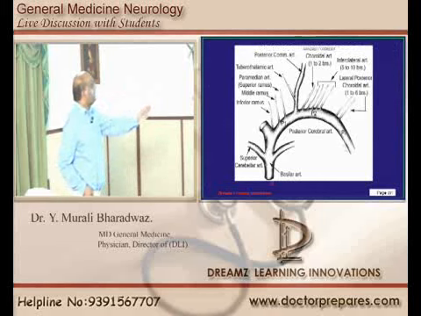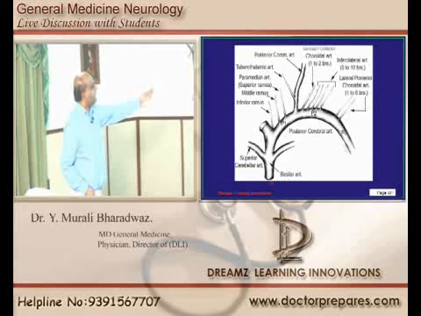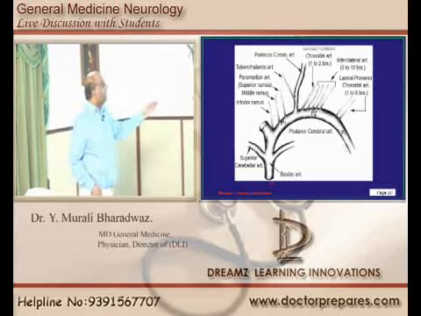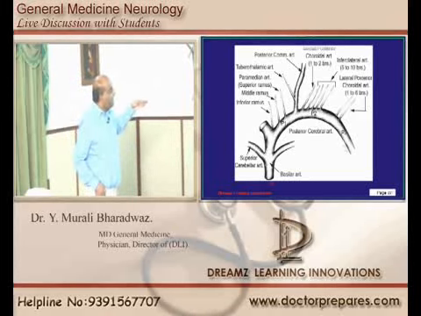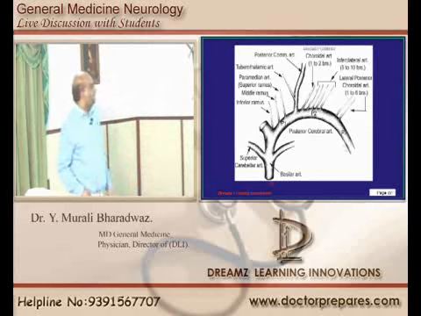And those vessels which come off, inferior ramus, middle ramus, paramedian arteries and tuberothalamic artery, all these are basically called the P1 segment. Whereas the medial posterior choroidal artery and lateral posterior choroidal artery come from P2 and P3.